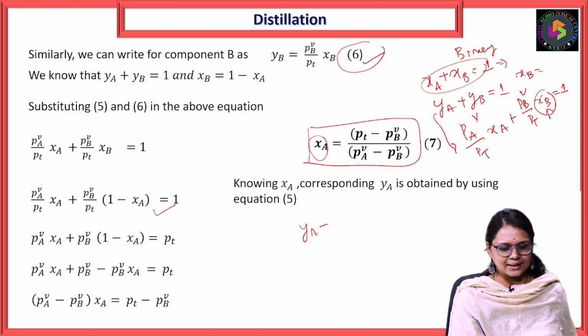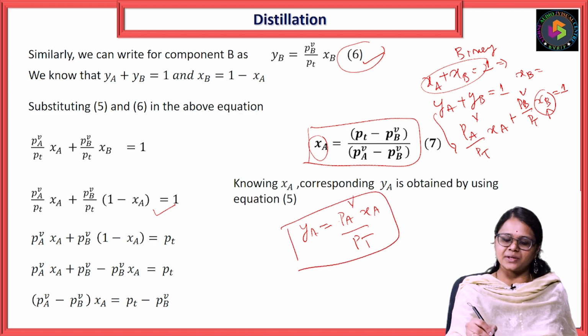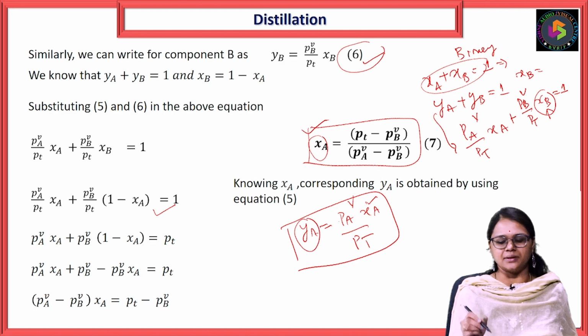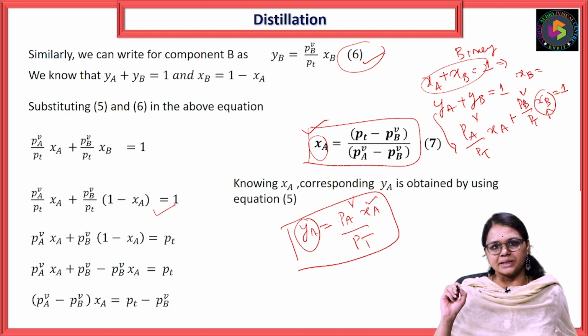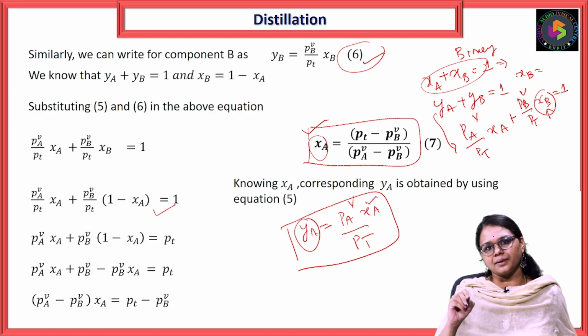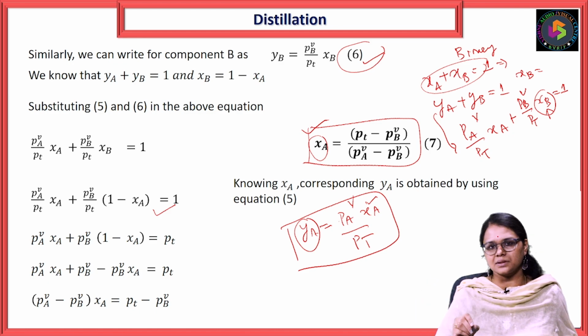YA is equal to PAV XA by PT. First you calculate XA, substitute here, and you can calculate YA. So this is how we can generate the vapor liquid equilibrium data by using Raoult's law. This is a very important step. If we move forward to understand how a distillation column actually works, this plays an important role.